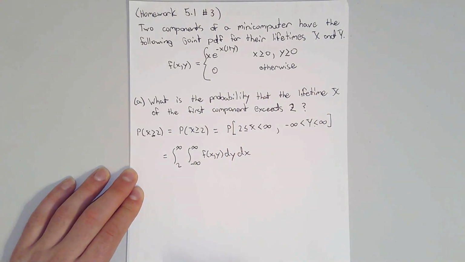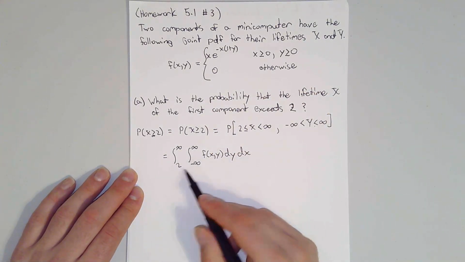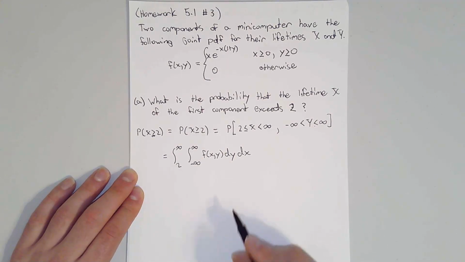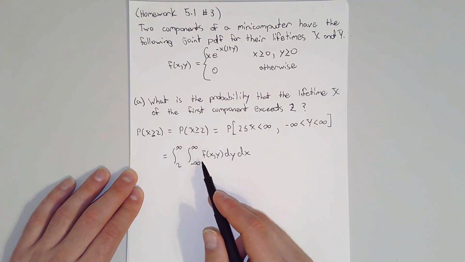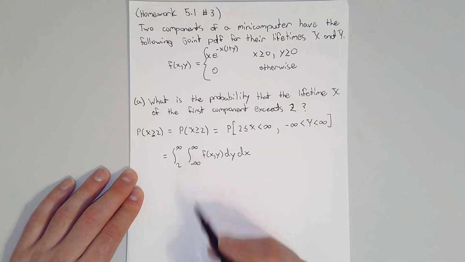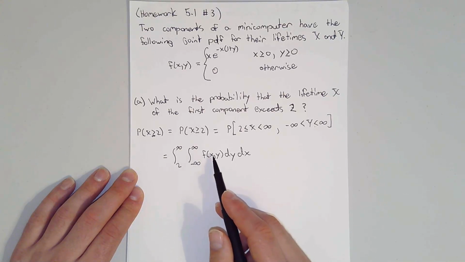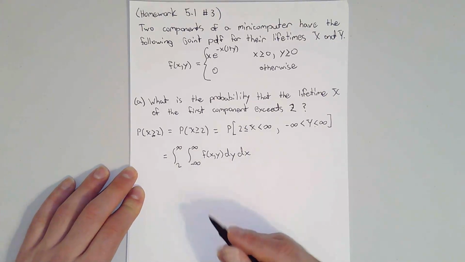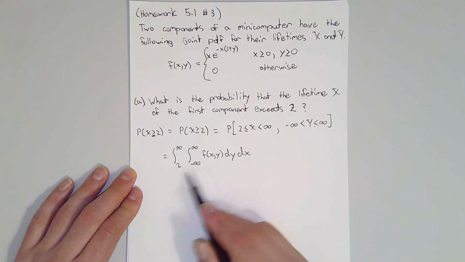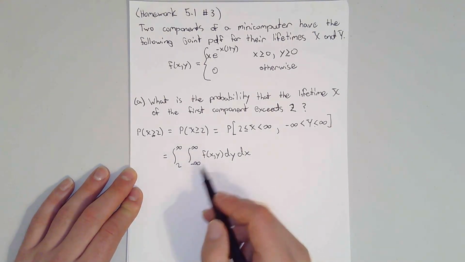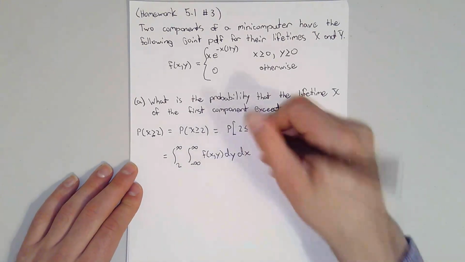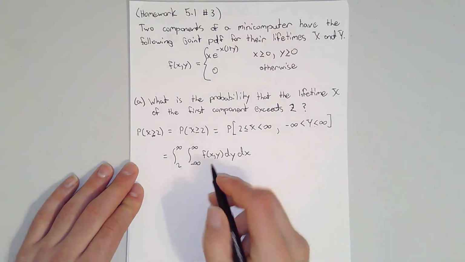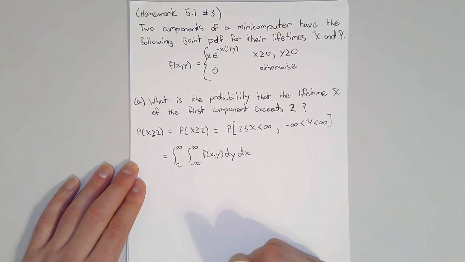This one's a little bit in reverse order, but the idea here is that this inside integral is actually going to equate to the marginal PDF of x, the marginal PDF with respect to the random variable capital X. So this part is very much linked to part B. But in any case, we'll go ahead and evaluate this directly.